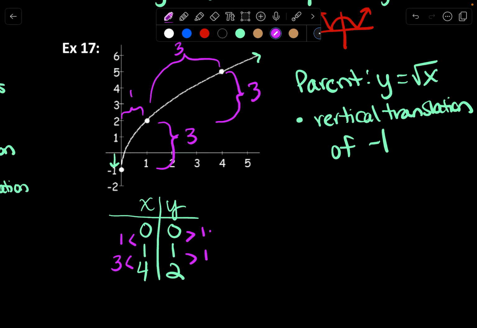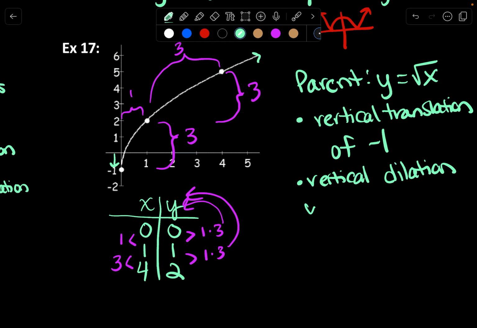So instead of 1 here, I'm multiplying each of these parts with 3, which is going to be a vertical dilation. So we have a vertical dilation with a factor of 3.